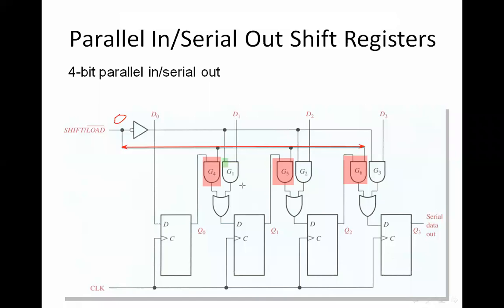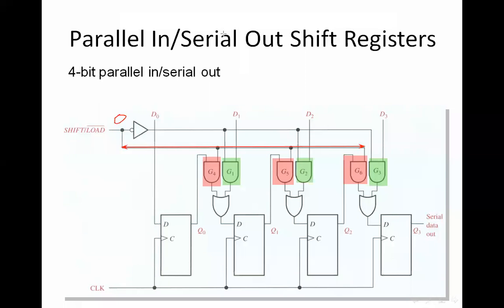So we have only G1, G2 and G3 now. This line becomes active here for us.